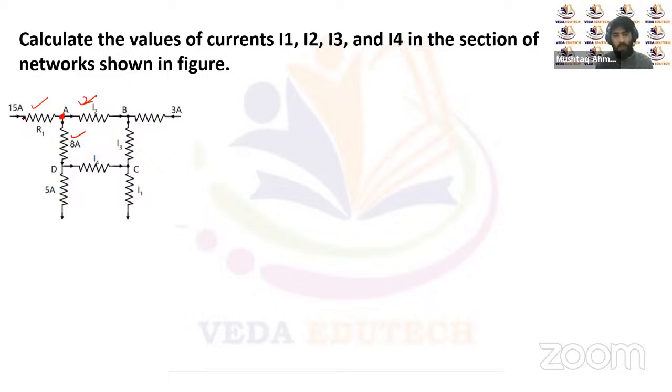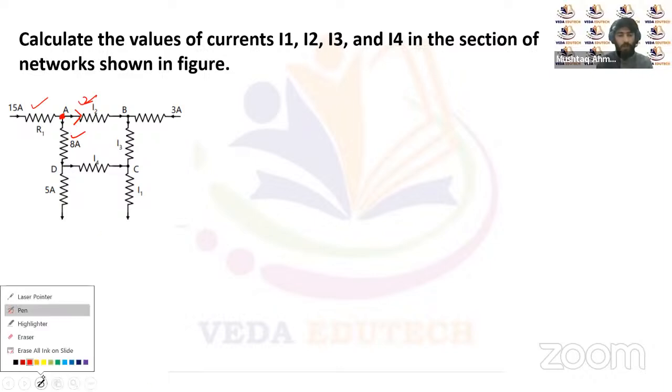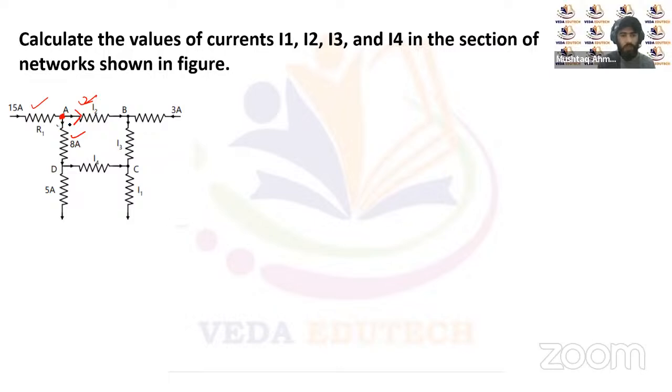You can see here that one current is entering: 15 amperes is entering the junction, right? And there are two currents leaving the junction. One is I2, which is flowing through this resistor, and the second current leaving the junction is 8 amperes, flowing through this resistor, right?